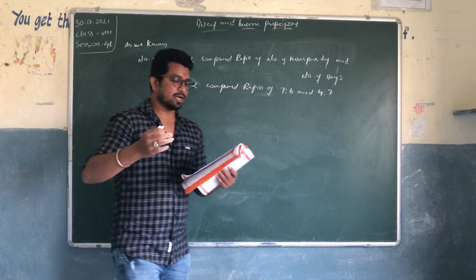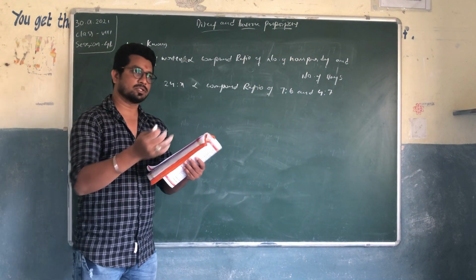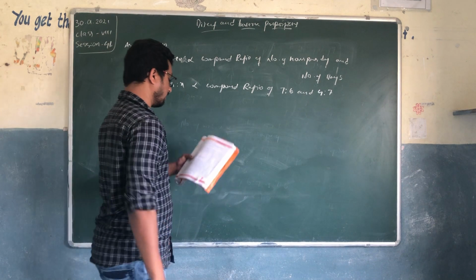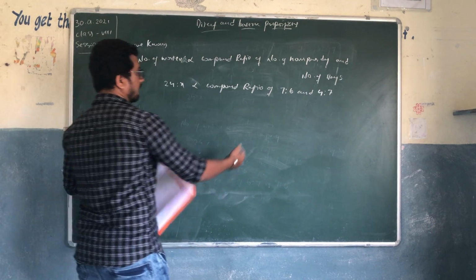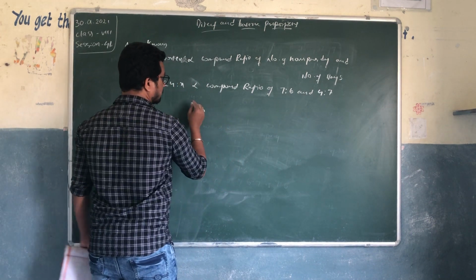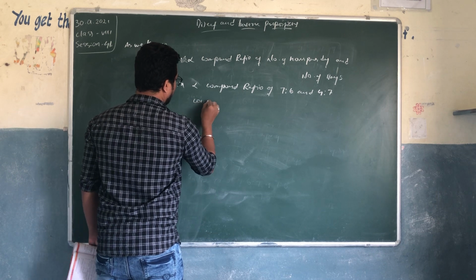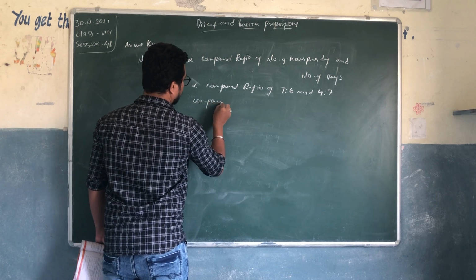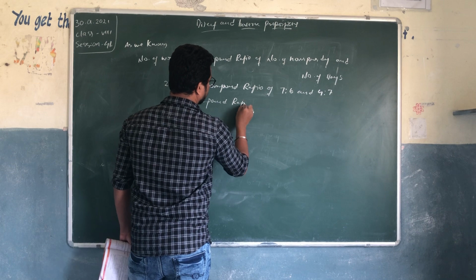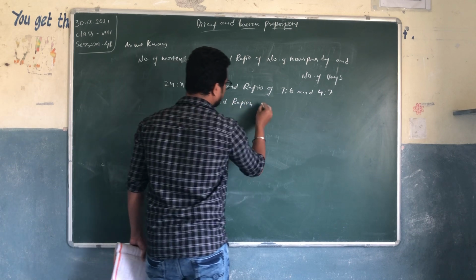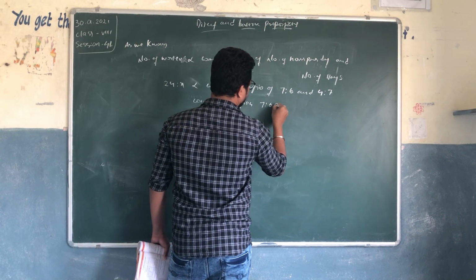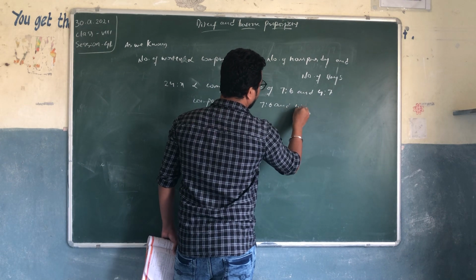We said inverse proportion, so those values we should write here. Now let us find the compound ratio of 7 is to 6 and 4 is to 7.